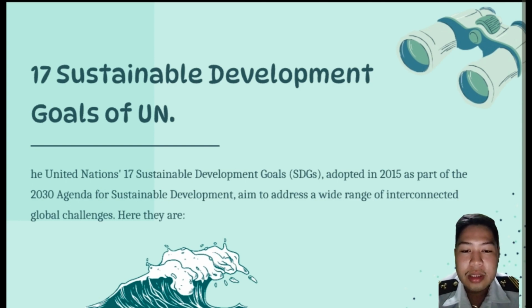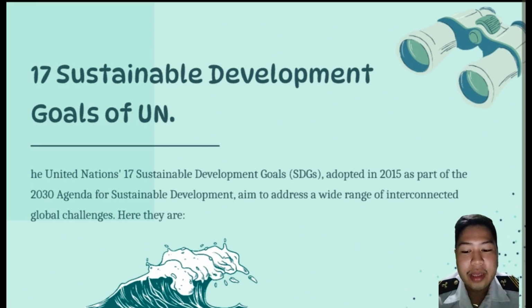The 17 SDGs are a set of global objectives designed to tackle pressing issues such as poverty, inequality, environmental degradation, and access to education and health care.